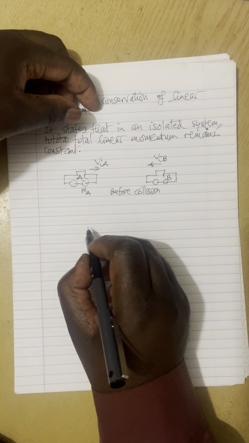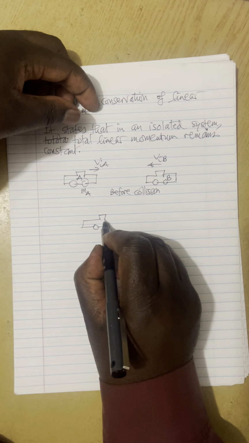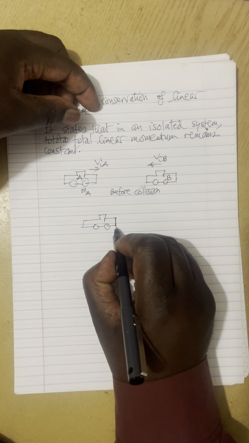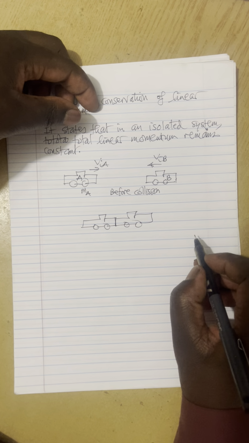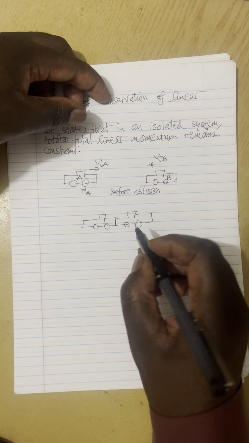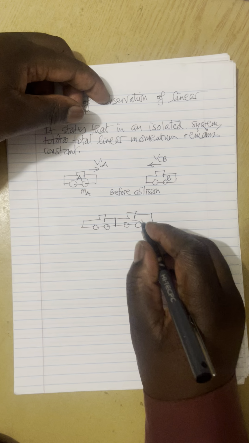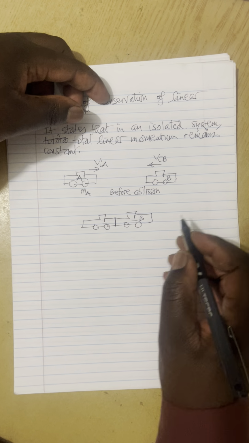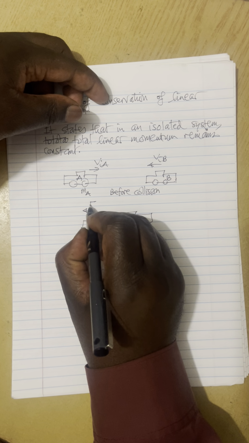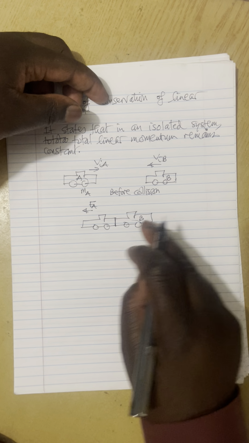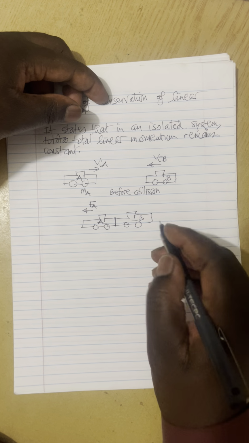During collision, we have this kind of scenario here. Cars collide over here, and what we know is that this car, which is B, exerts a force on car A in that direction. So this is force on A, and car A exerts a force on car B in that direction.